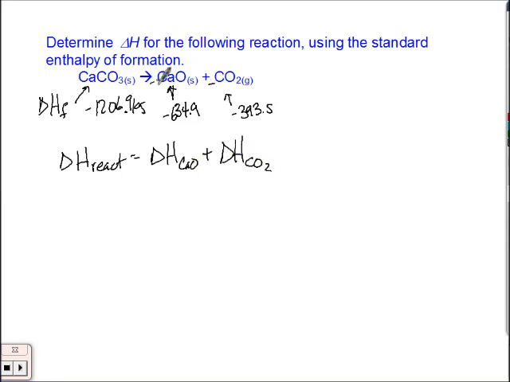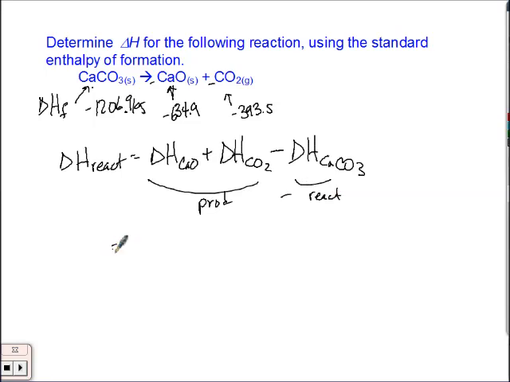And I check, and there are no coefficients, so it's like 1 times each one. Minus the reactants. I only have one reactant. CaCO3 is my reactant. So these are my products, and this is my reactant.